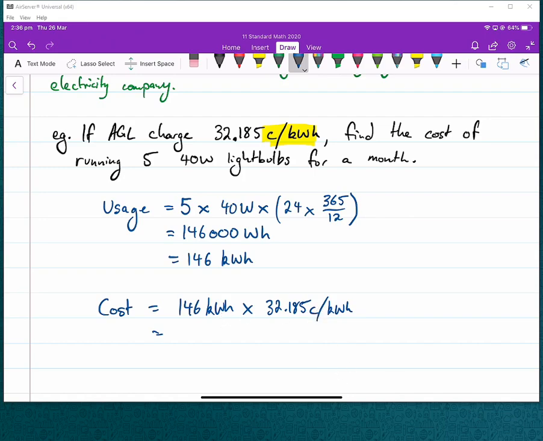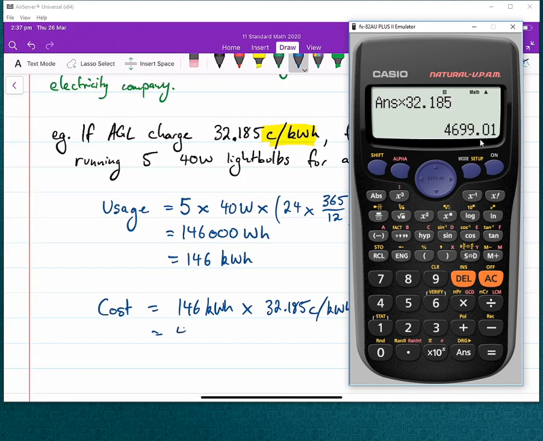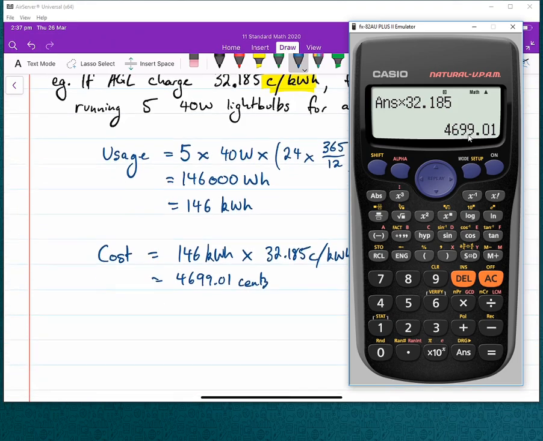So I get my answer, so divided by 1,000, so that's kilowatt hours, I times that by 32.185, and that's how many cents, 4699.01 cents is what it would cost us for a month. Of course, there's 100 cents in a dollar, so that's equivalent to $46.99.